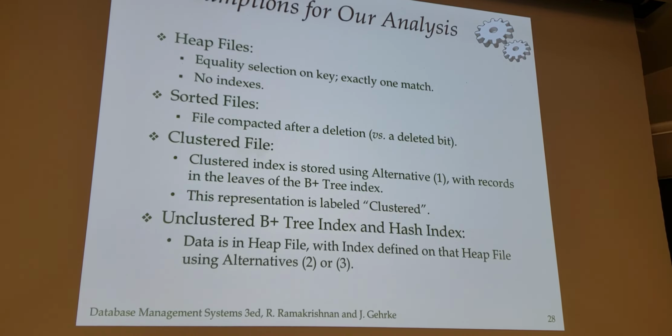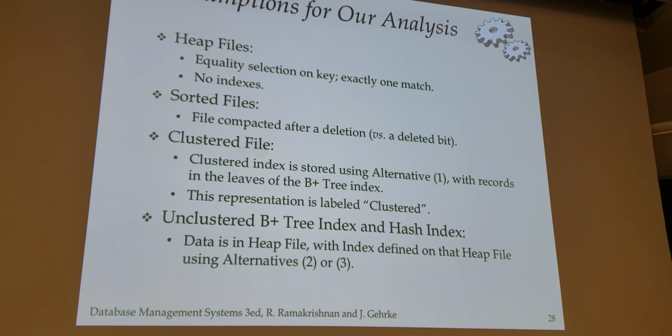Okay, assumptions for the analysis. Many of these can be argued with, but this gets complicated enough even with the simple, old assumptions we're using. We'll assume that when we have the heap file and we do equality, there's only one value that corresponds to the search key. It wouldn't be hard to change it to have multiple values, but that helps explain some oversimplification in the matrix we're about to see.